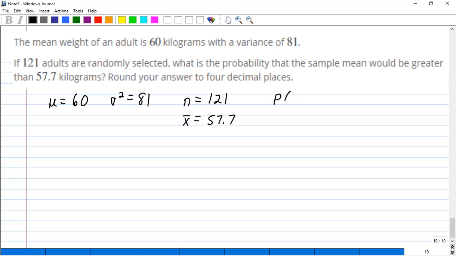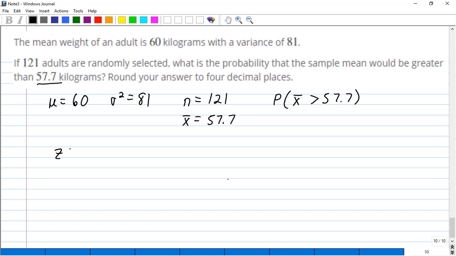So we're looking for the probability that x bar is greater than 57.7. So instead of x minus mu, I'm sorry, instead of x bar minus mu, you want to think about it like x minus mu or x bar minus mu is fine. Just know that your x value in your formula is going to be the sample mean that we're talking about finding a probability of.